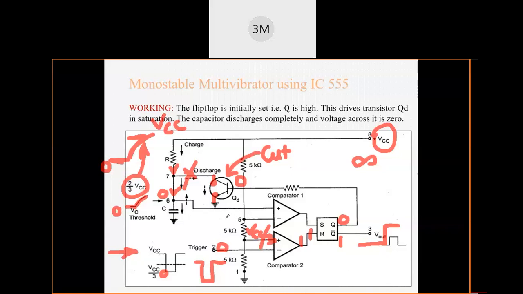Yes, correct. So it will be 2/3 VCC. Okay. So the voltage at the inverting terminal is fixed at 2/3 VCC. I will just remember that.